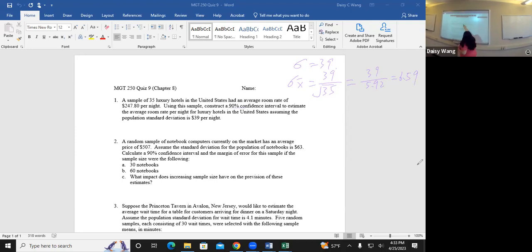And we want a 90% confidence interval to estimate the average room rate.